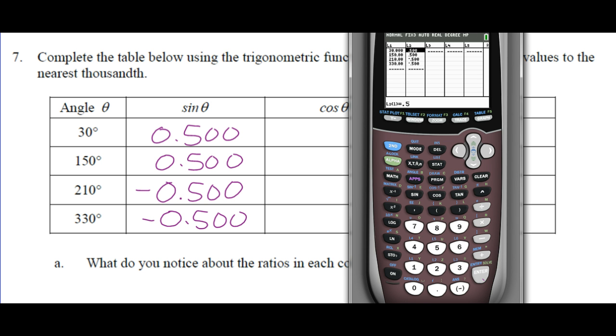L1 is in blue, second function 1. Go back up top, press cosine, second function 1, L1. I could do it in L3 and L4, but I don't need to keep them. There are the cosines, rounded to 3 decimals. Here's the full cosine: 0.866.